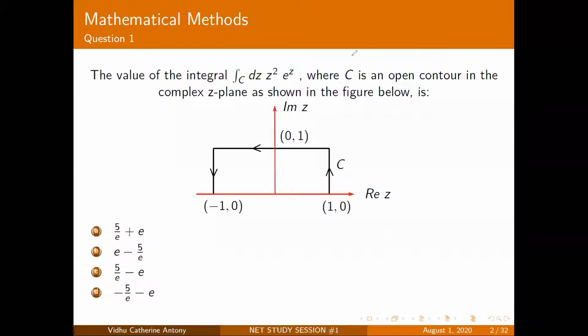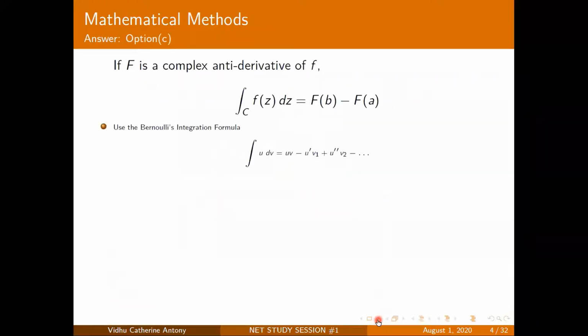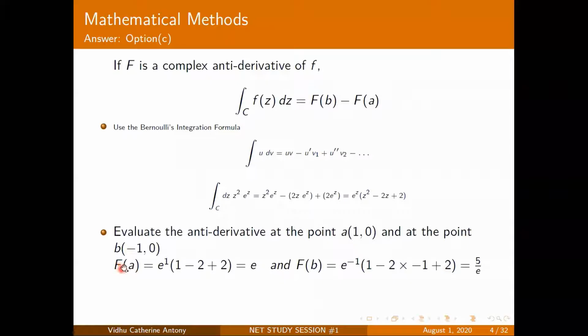So you just have to substitute this f(a). Here you see it's z. Basically this reduces to e^x (x² − 2x + 2), because your value of y is 0 on the real axis. On the real axis your y is 0, so you just have to substitute this.